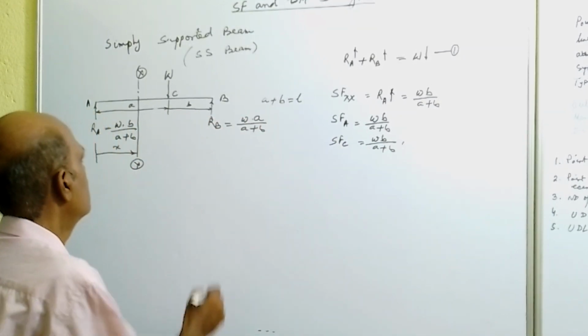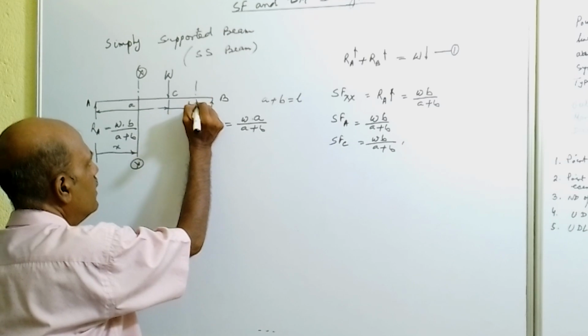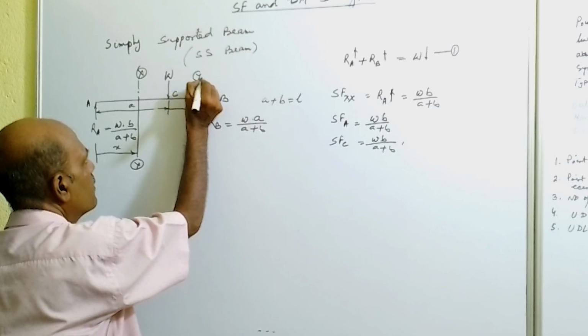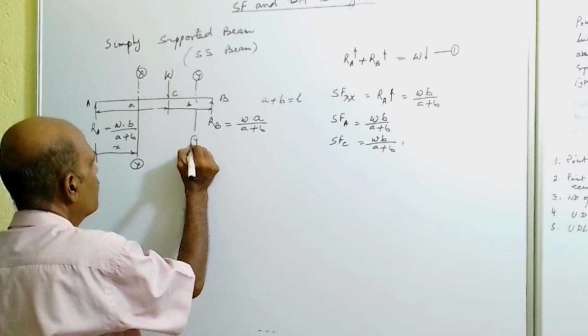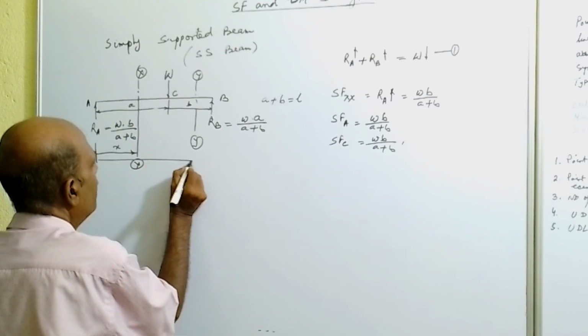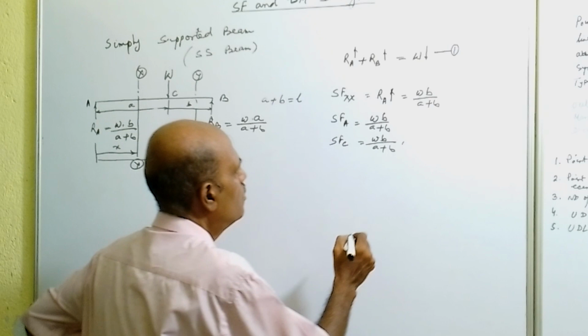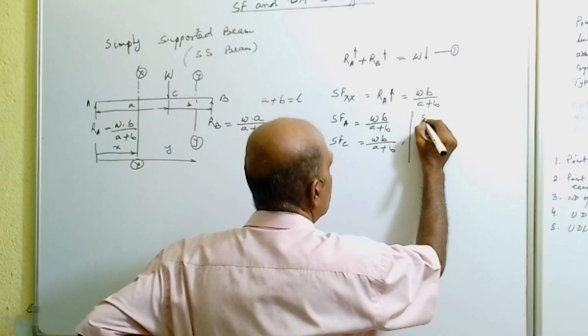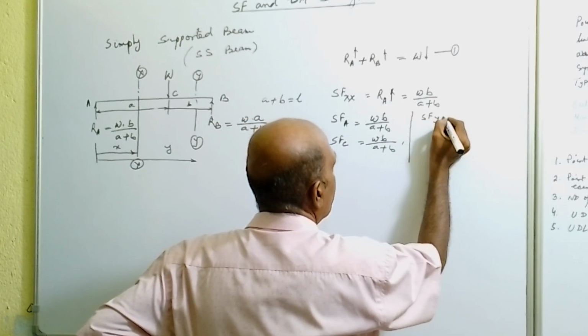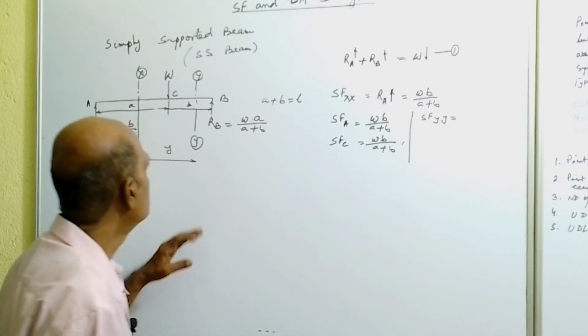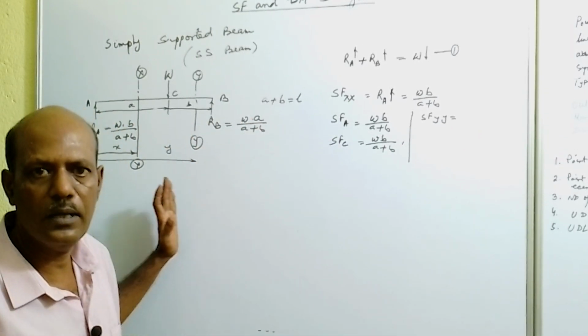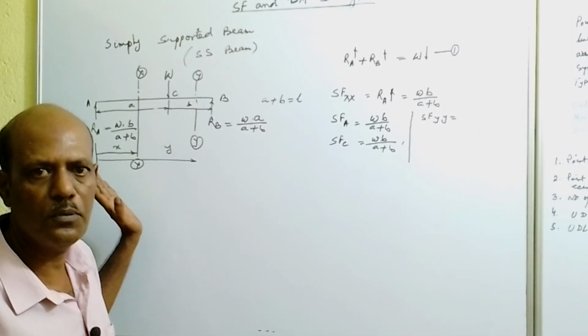Now consider another section, the YY section, which is at a distance Y from the left support. The shear force at YY is the algebraic sum of all vertical loads acting to the left of section YY.